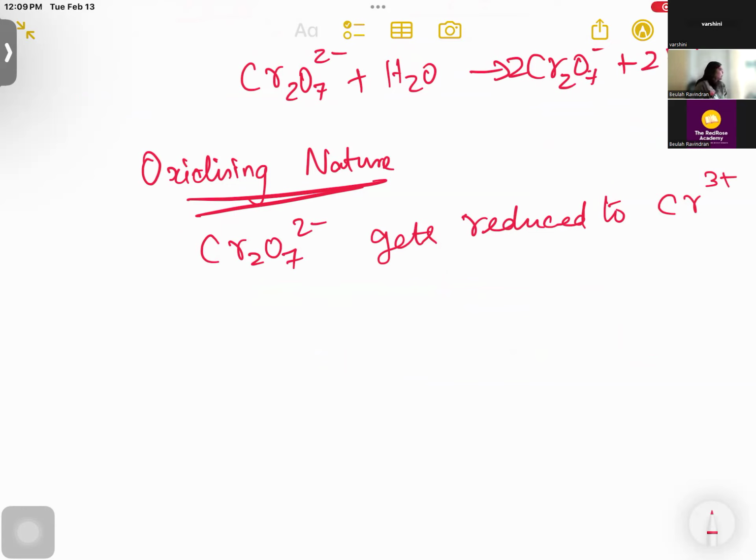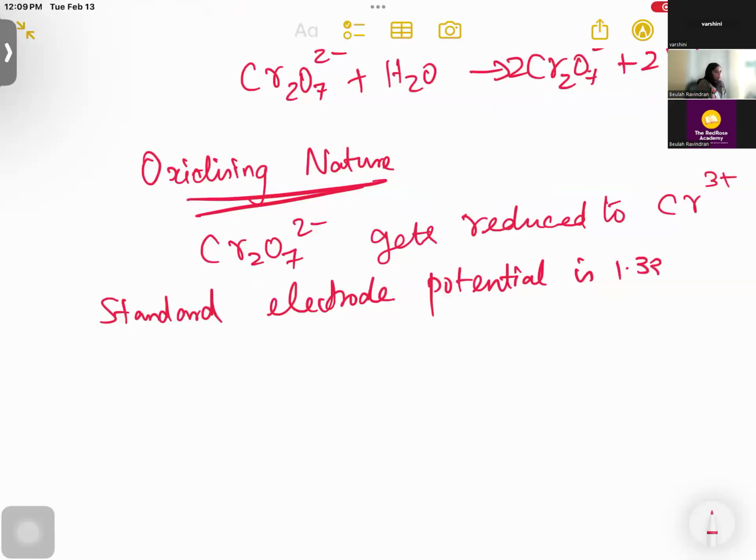Okay. By means of electrolytic process, that is discussed in your book, right? What is the electrolytic process? What is the standard electrode potential given in your book? 1.33 volt, right?